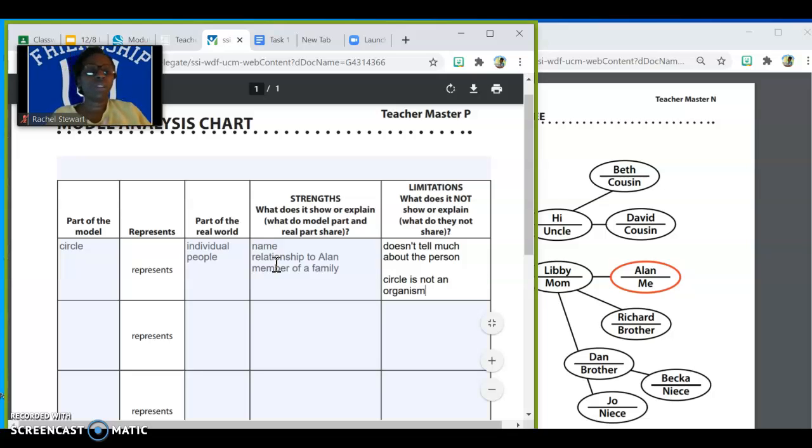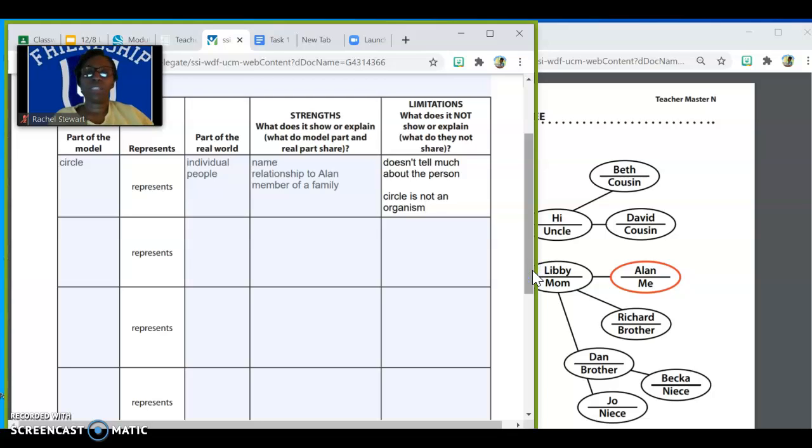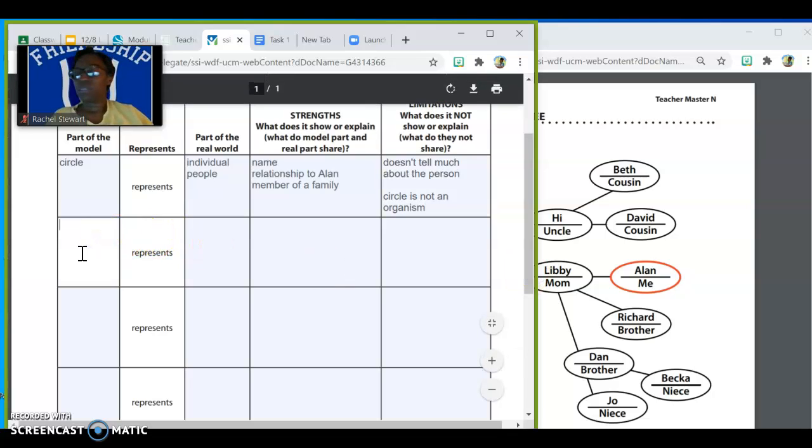Okay? The circle is not an organism. So let's go ahead and review the next one. So we don't even know what type of person this is. We don't know if this is a Caucasian. We don't know if this is African American or Hispanic or anything. We don't know. So let's move on.